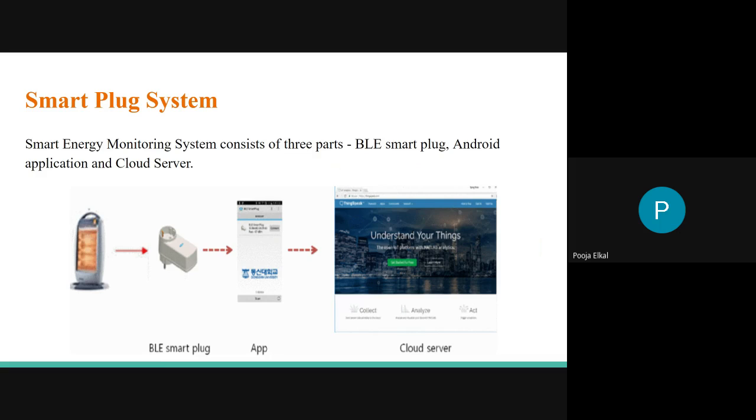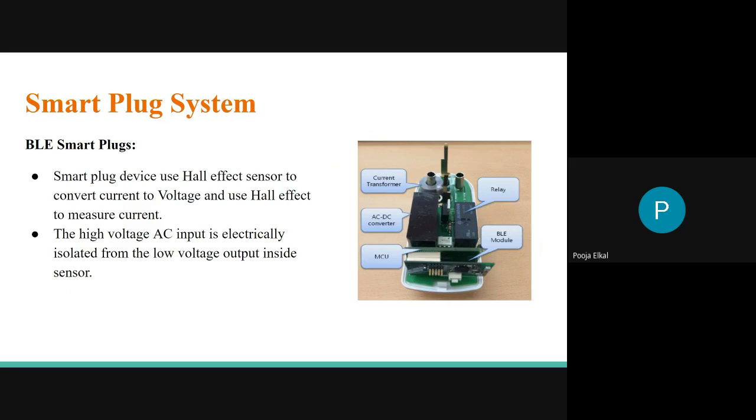Due to these disadvantages, the smart energy monitoring system is getting popular these days to read the data from the sensor and control many residential activities to save cost and energy. The smart energy monitoring system consists of three main parts: the Bluetooth Low Energy smart plug, the Android application, and the open cloud server. The first one is the BLE smart plug, which performs energy measurement and control.